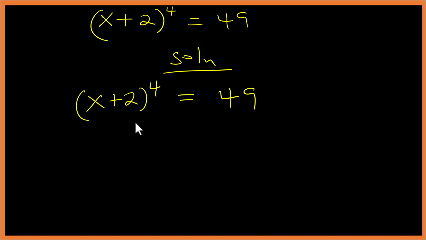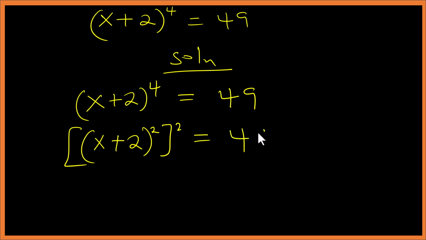Now let's adjust this part here. Since 4 is the same as 2 times 2, let's make this side (x plus 2) raised to 2, raised to 2. Going back, 2 times 2 is 4, so I've done nothing, equals 49.